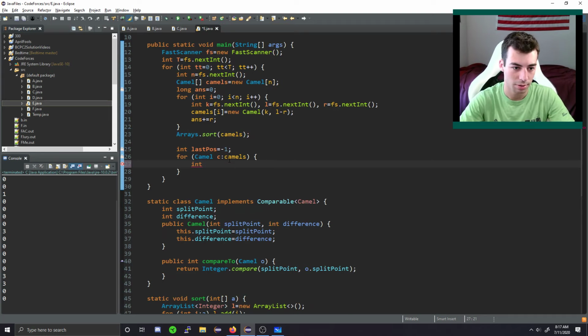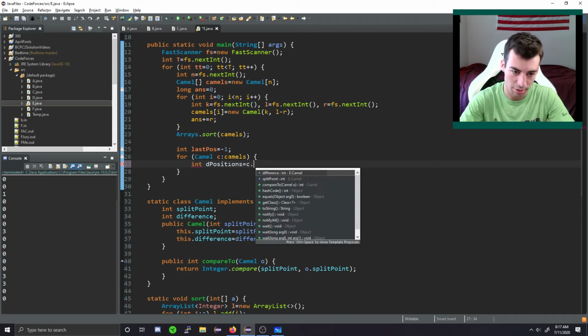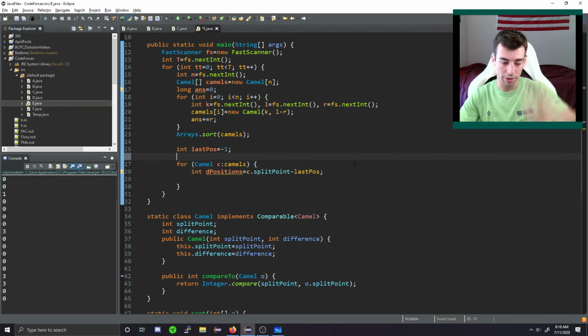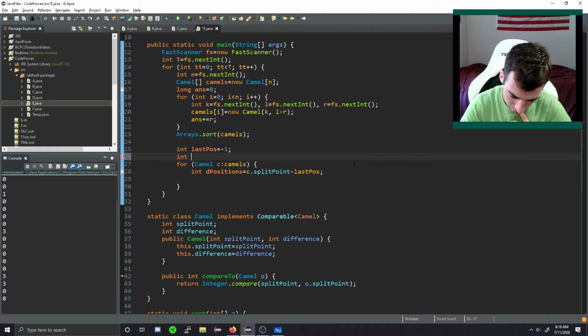So now int d positions equals c dot split point minus position. Okay, so what else do we need to keep track of? Int the number of spaces.